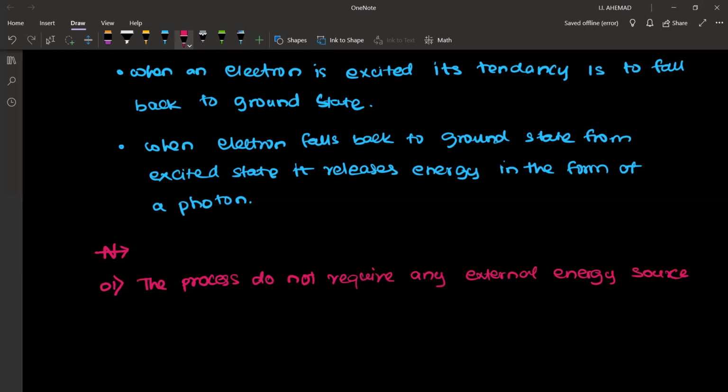Second, emission of light in ordinary sources is due to this process.